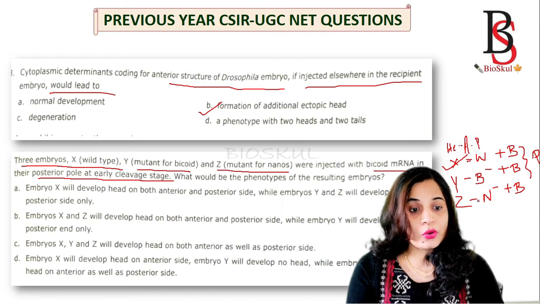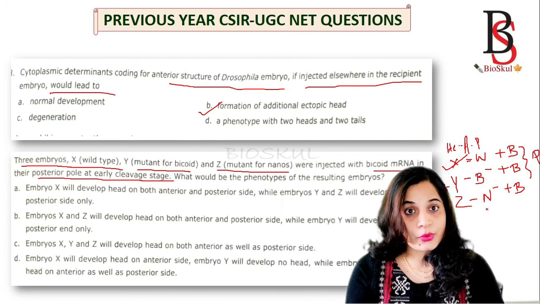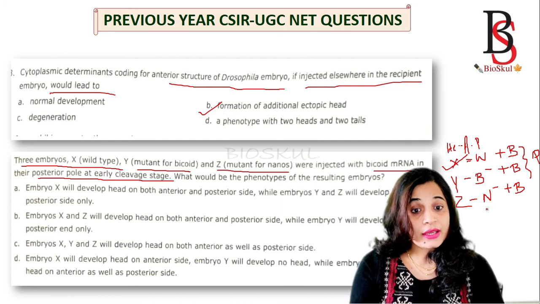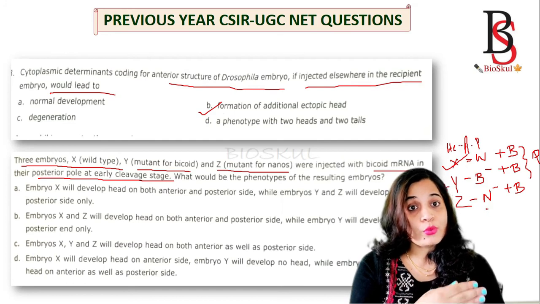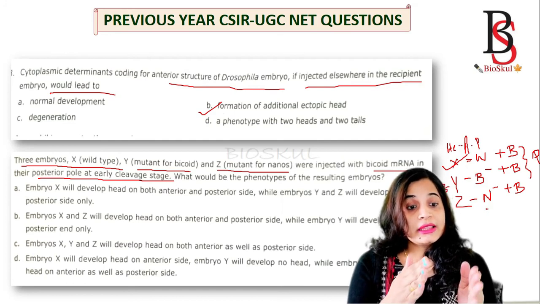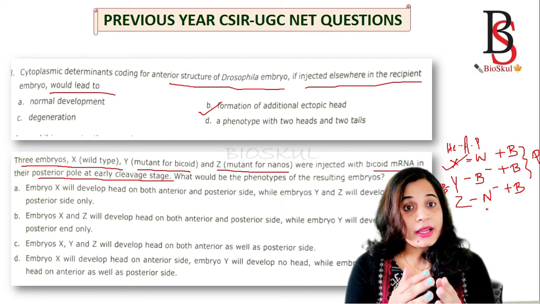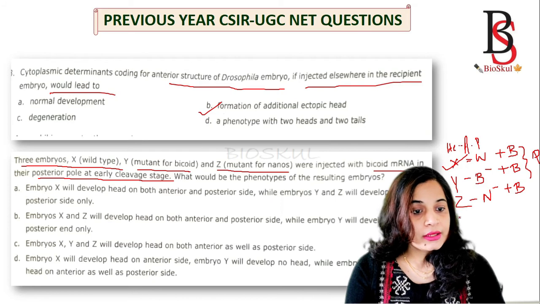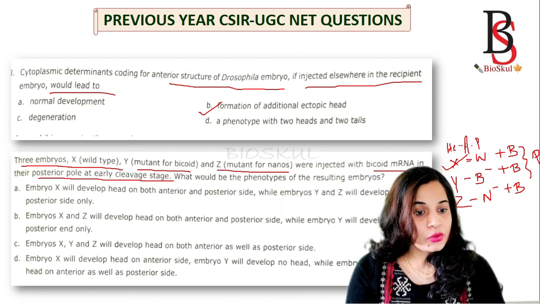And the Z embryo lacks the nanos protein, but it has the bicoid protein, so it will develop the head at the anterior end, and we are injecting the bicoid protein at the posterior end also. So embryo Z will develop the head both at the anterior end as well as at the posterior end, similar to the X embryo.